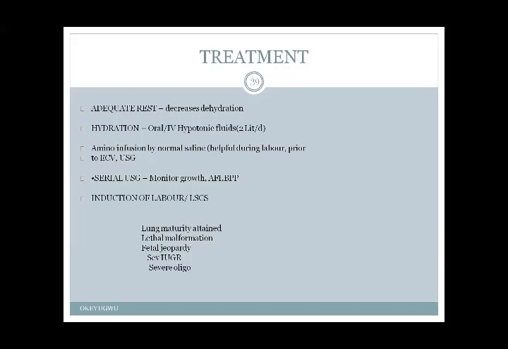Adequate rest can help a bit because it can improve the placental circulation. Amnioinfusion by normal saline is mentioned in our textbooks but not done in common practice. Serial ultrasound scan can definitely help us monitor the growth, amniotic fluid volume, and the biophysical profile.